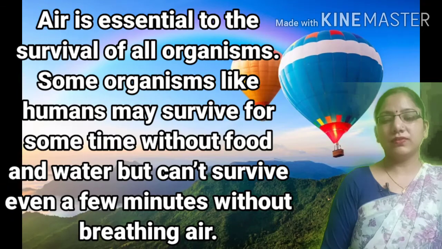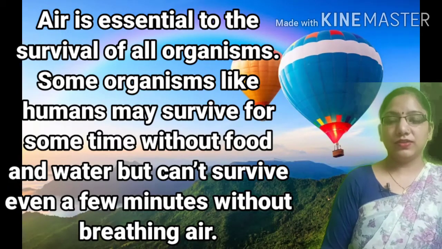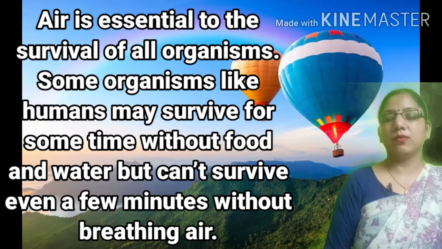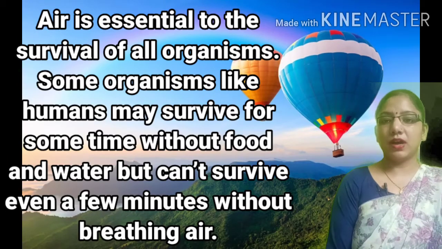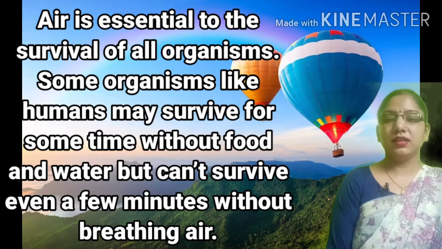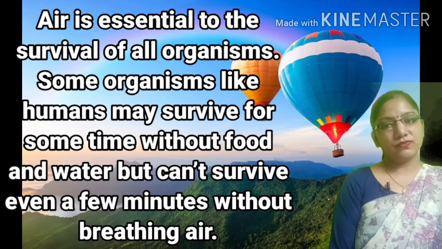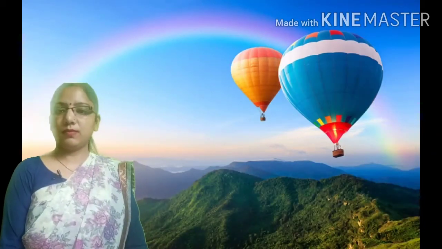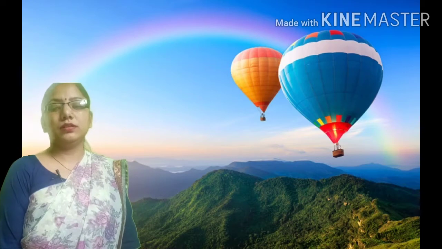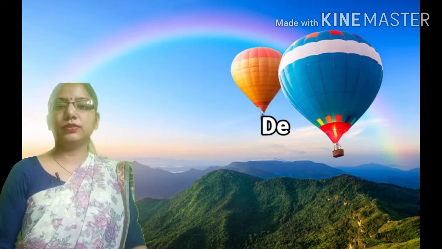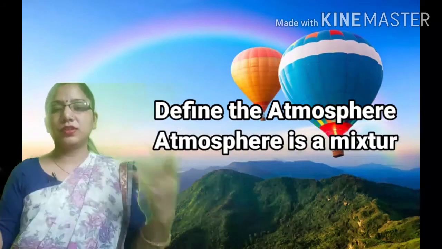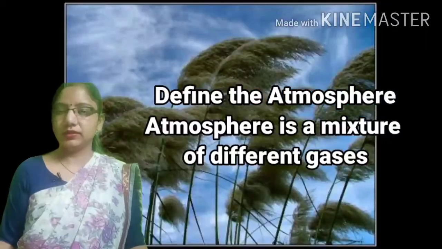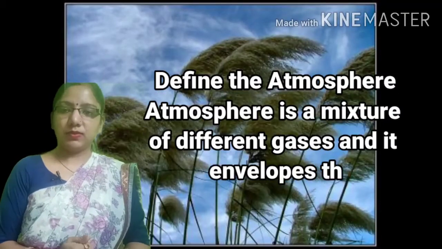So what we can say is that the air, which is known as the atmosphere, is the most essential part of our life, because without air we can't survive. Let's see what our atmosphere is. A thick layer of different types of gases which is wrapped all over the earth is known as the atmosphere.